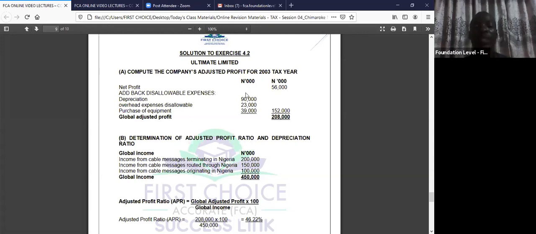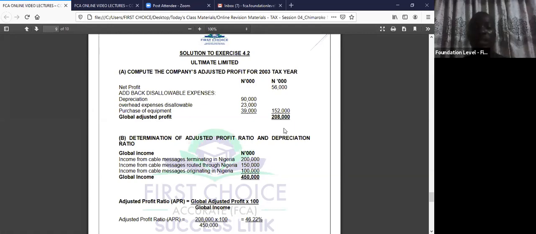You add these three, gives you 152 million. Add it to 56 million, it gives you 208 million. That is your global adjusted profit. That's all. The next one is to look for the ratio.